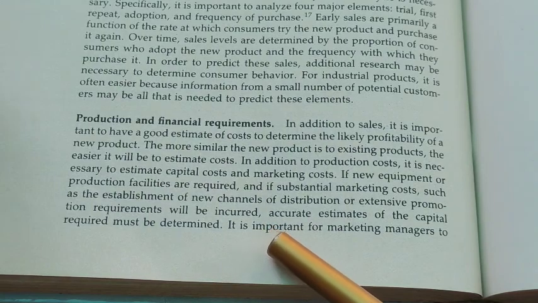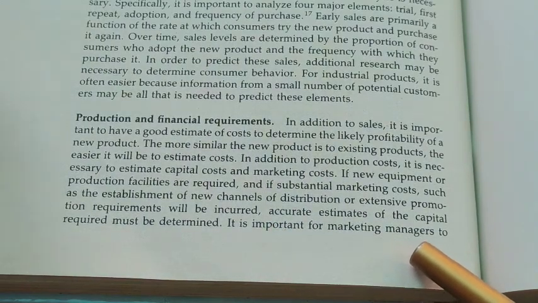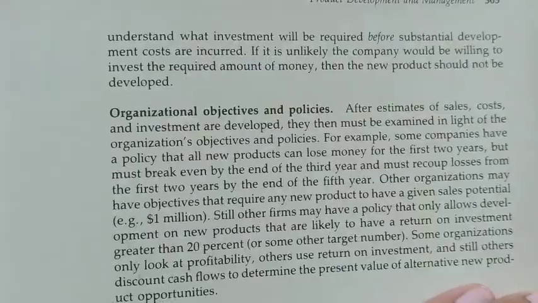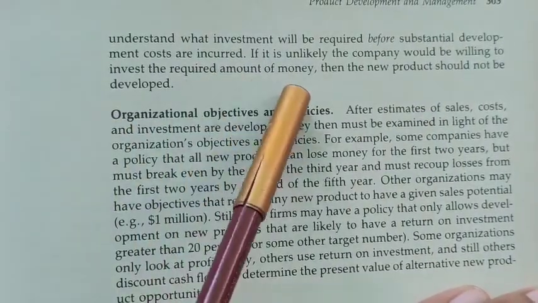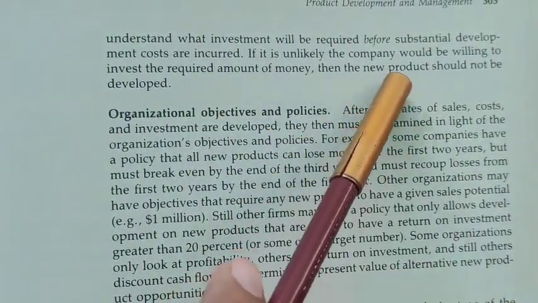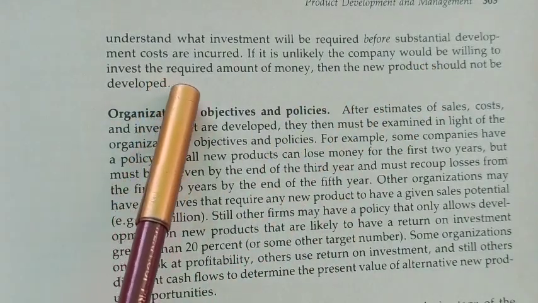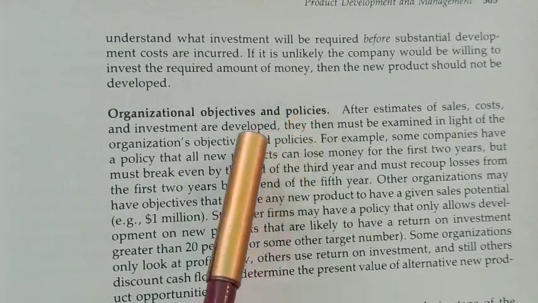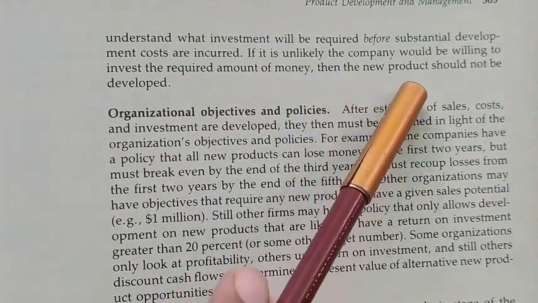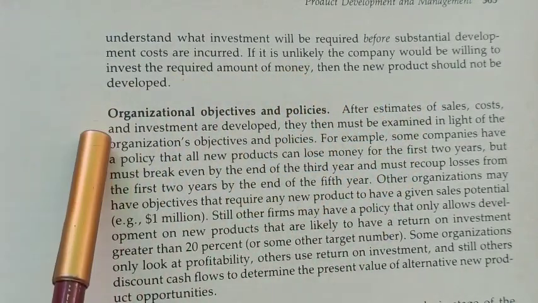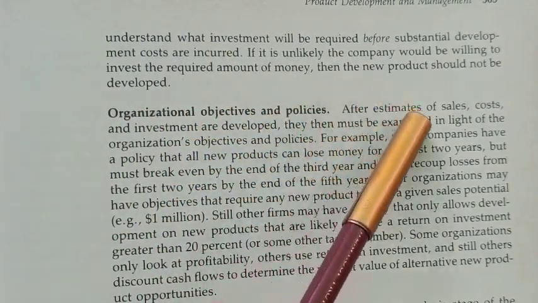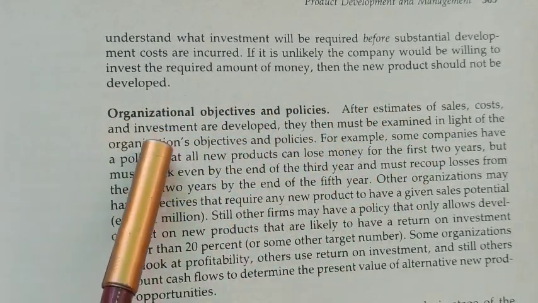It is important for marketing managers to understand what investment will be required before substantial development costs are incurred. If it is unlikely the company would be willing to invest the required amount of money, then the new product should not be developed.